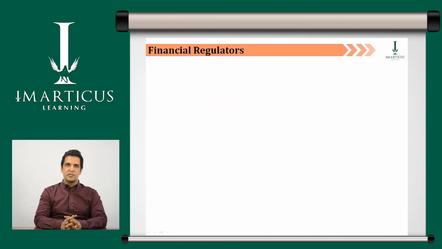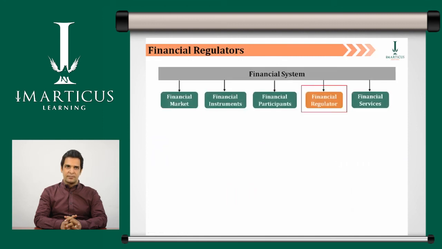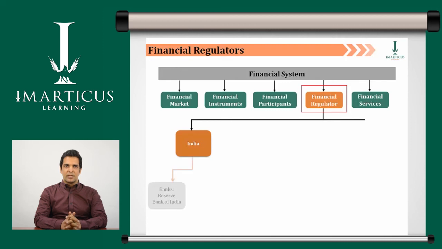The financial system is incomplete without market regulators, which are also called market watchdogs. Each country has its own regulatory body or bodies. For instance, in India, you have the Reserve Bank of India, which is an apex bank, and the Securities and Exchange Board of India, or SEBI, to regulate markets.